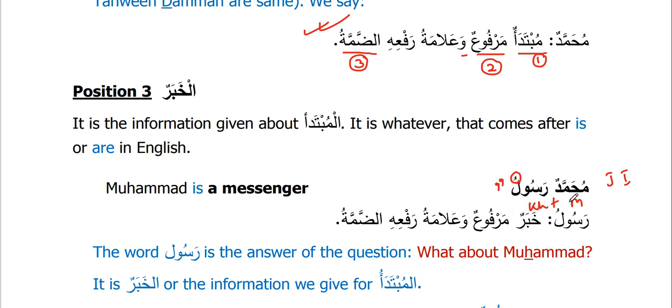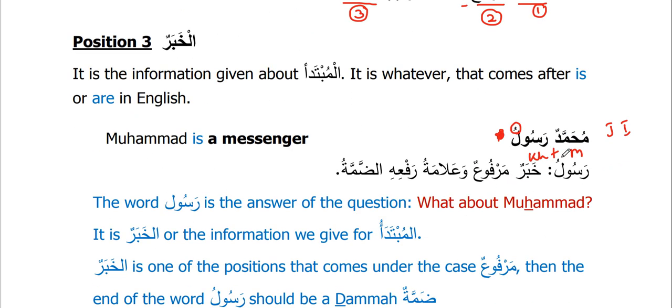So to make you understand, they have given a single haraka just to differentiate between the two. They should have taken another example, but let's go with it. Just know that Rasul is a khabar for Muhammad.